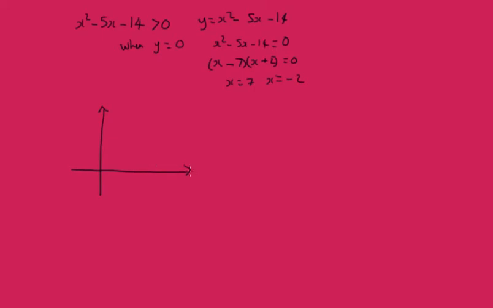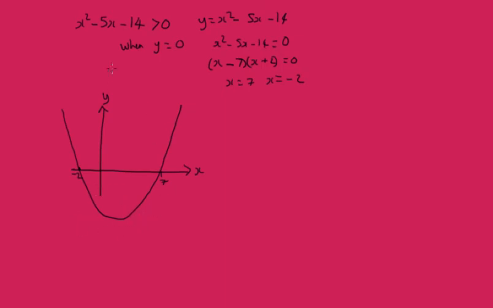So we know it crosses the x-axis at plus 7 and minus 2. So it's going to come like this, and then it's going to be a minimum. It's going to be somewhere round about there.